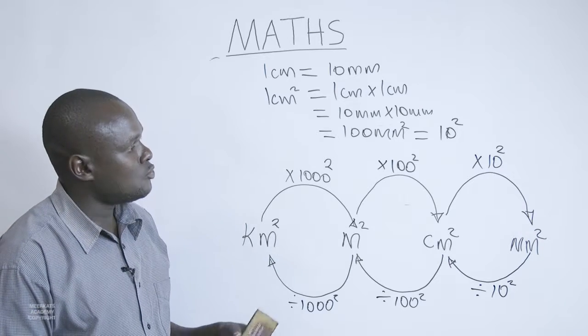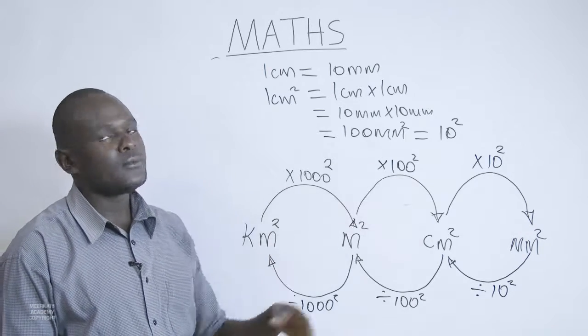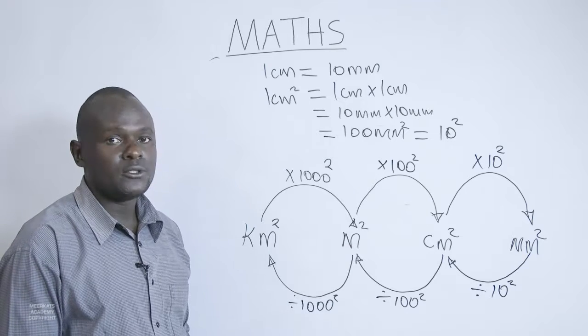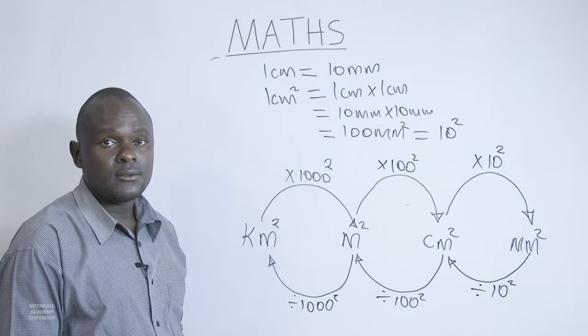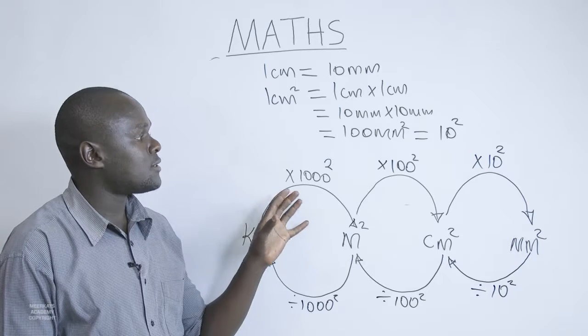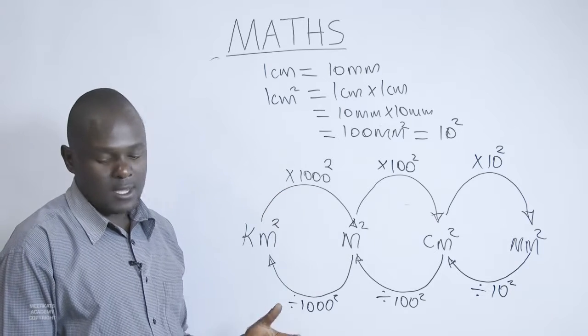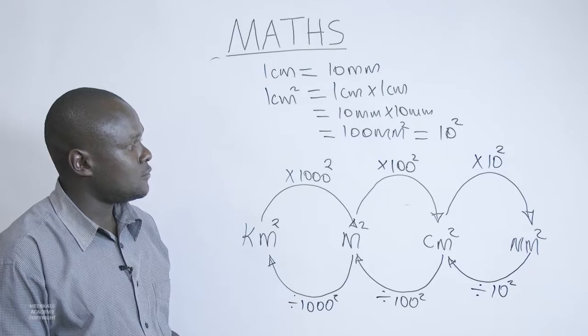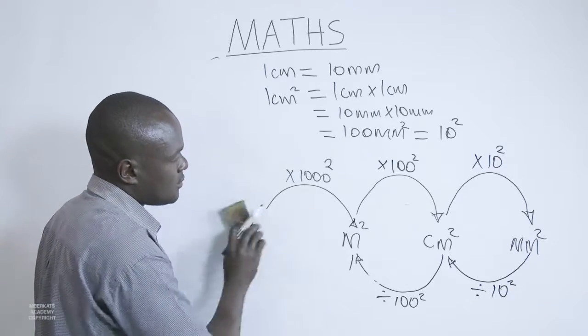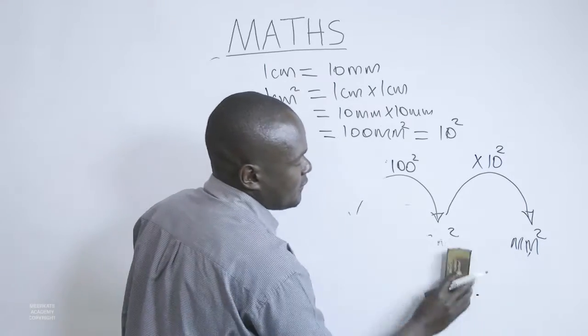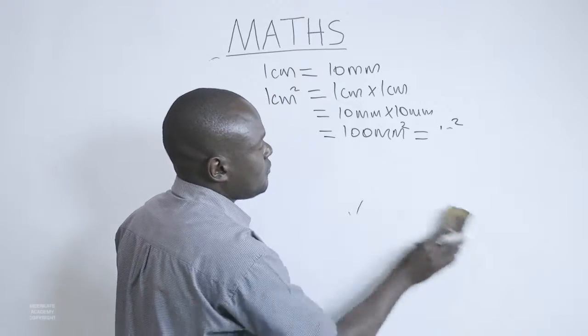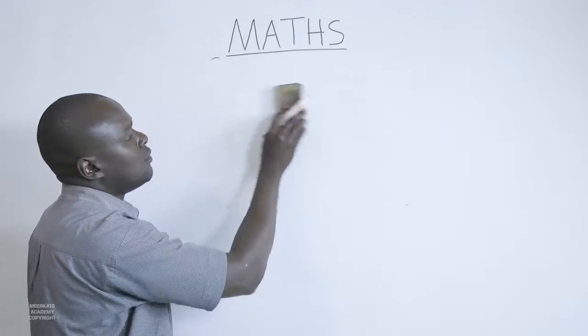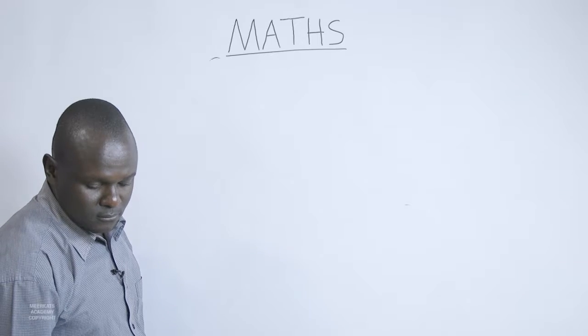Having looked at how we can move using this chart, I want us now to move on to examples so that we can try to apply the same chart and see whether it will be of any help to us.